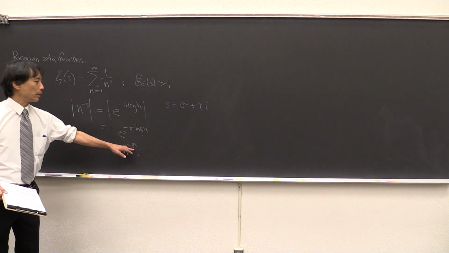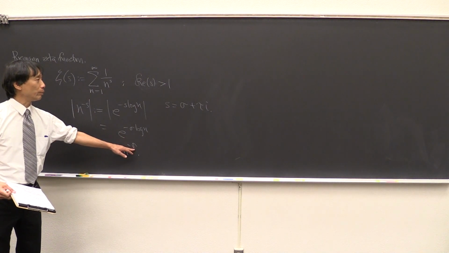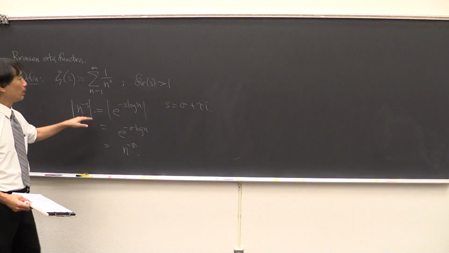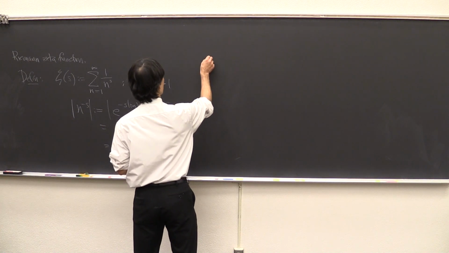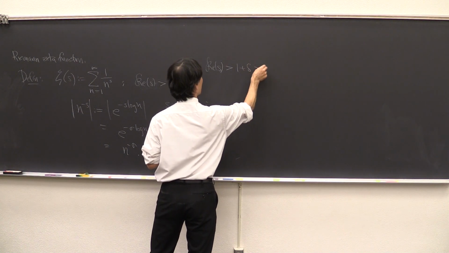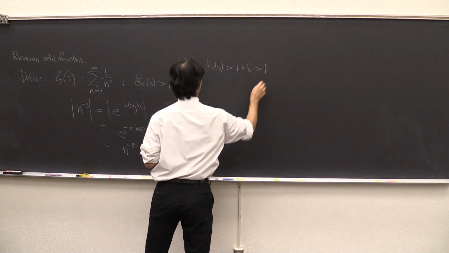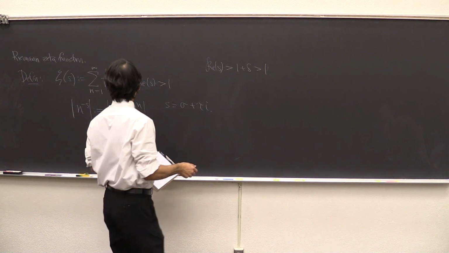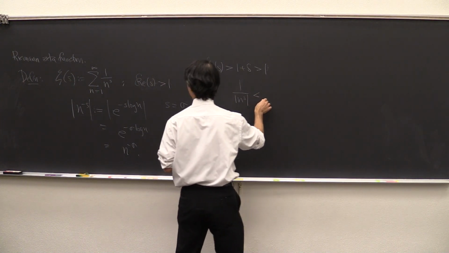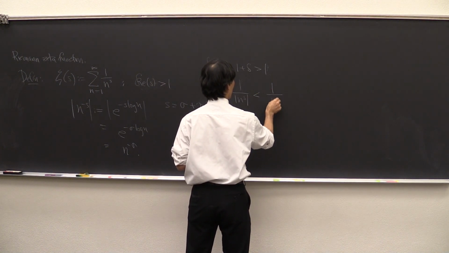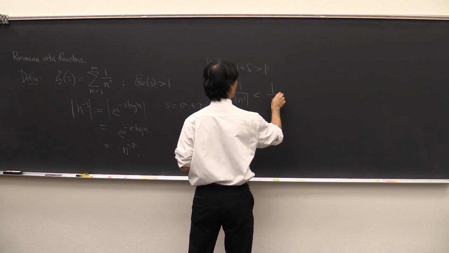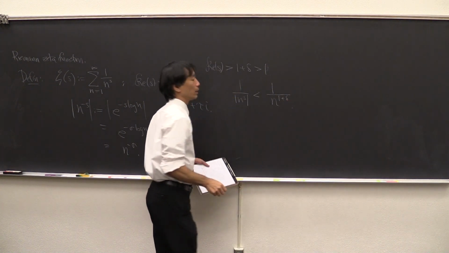So as long as the real part is bigger than some 1 plus delta, then you know that the size of these terms is controlled by 1 over n to the 1 plus delta, right?